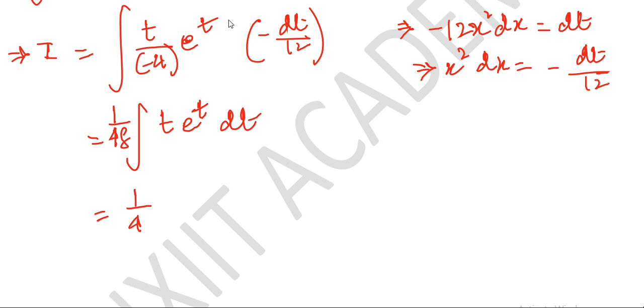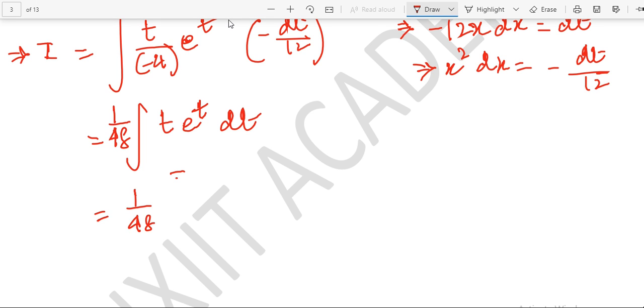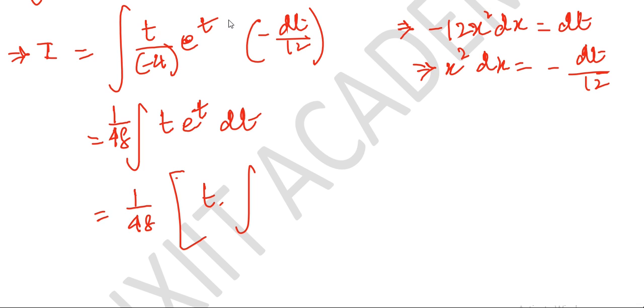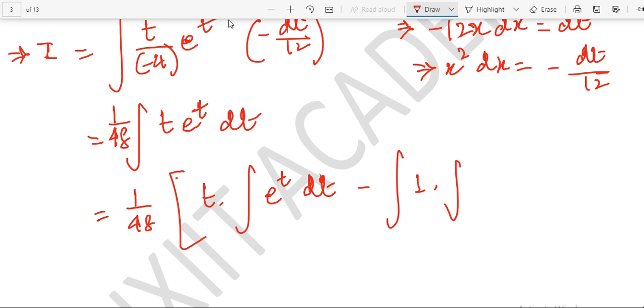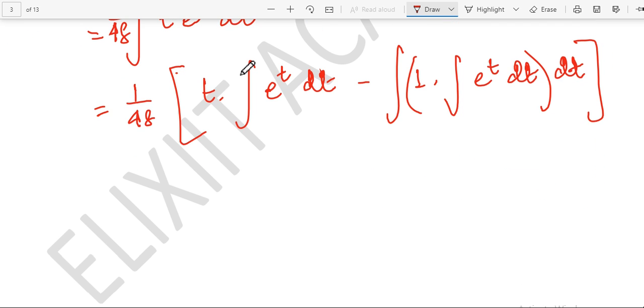So 1 by 48 into the first function into integration of e to the power t dt, the second function, minus integration of the derivative of t, which with respect to t is obviously 1, and then integration e to the power t dt, the whole dt. This is the integration by parts rule.